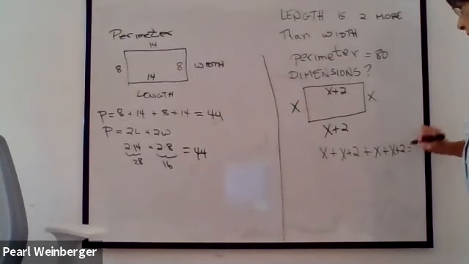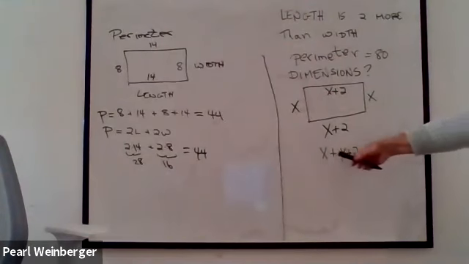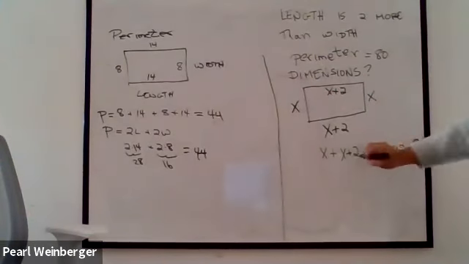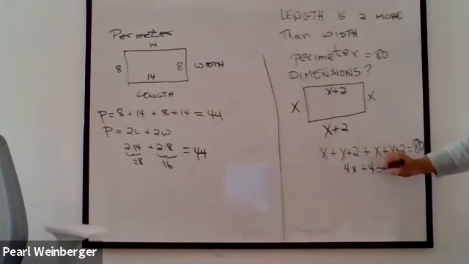That's all going to add up to my perimeter, which happens to be 80. And now it's just a simple equation to solve. Add up all the x's, so I get 4x. The 2 and the 2 gives me 4. Then I'll subtract 4 from both sides. Regular equation now.